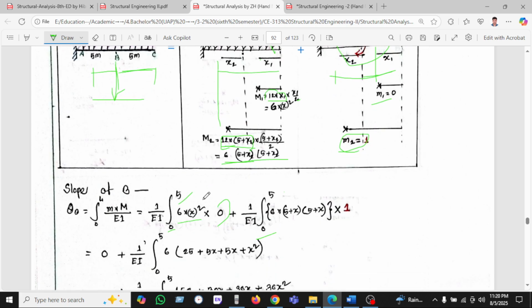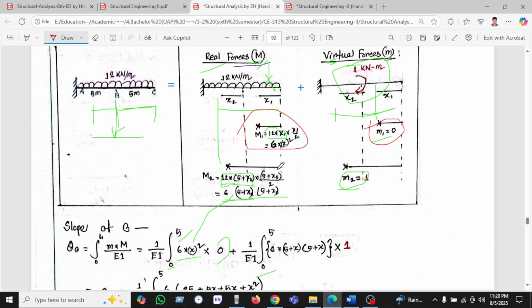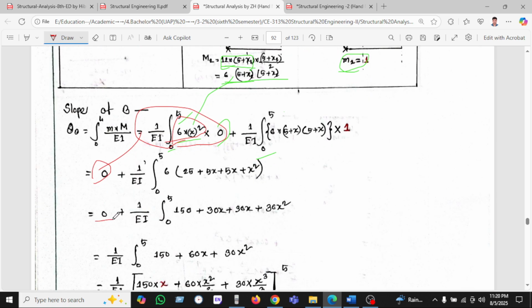As we know, the bigger M is given as 6, this value. So I'm just scrolling here. We are getting this value and this value. Here 6 into x squared, and m1 into 0. If we multiply with 0, then all will be 0. These are the 0, this is the 0.